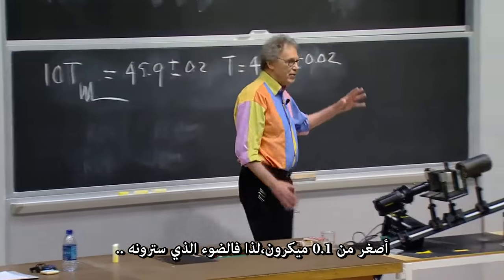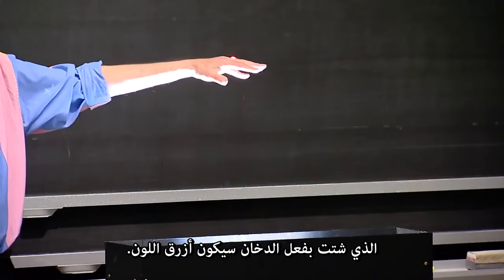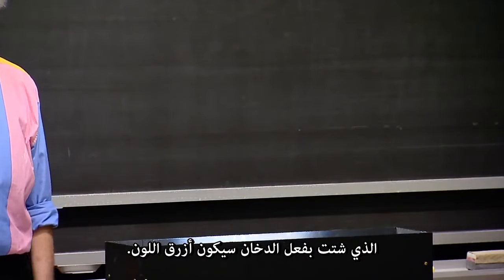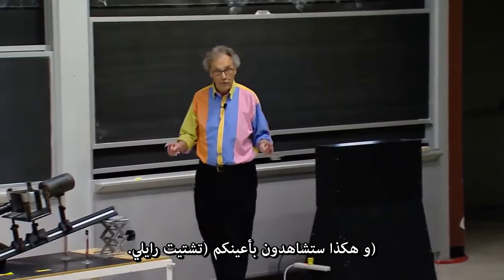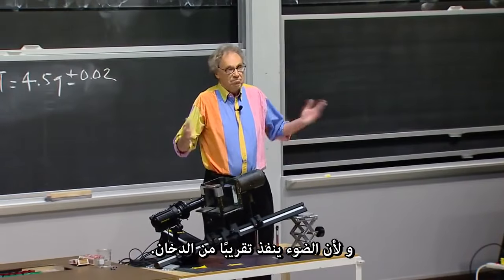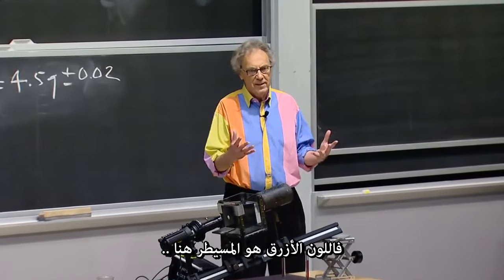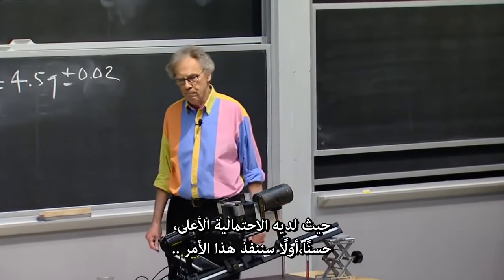And so the light that you will see that is scattered off the smoke will be blue. So you have seen in front of your own eyes Rayleigh scattering, because the red light more or less goes through. It is really the blue that dominates, that has the highest probability.